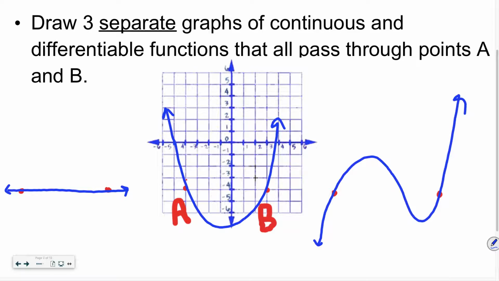There's at least one time or more in each of these graphs where the derivative is 0. Here there's 2 places. Here there's 1 place. Why is that happening?